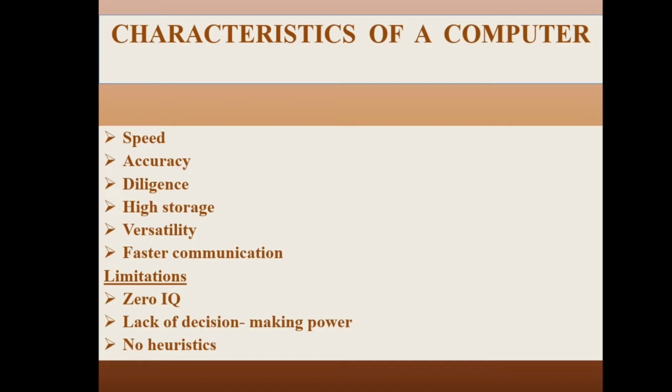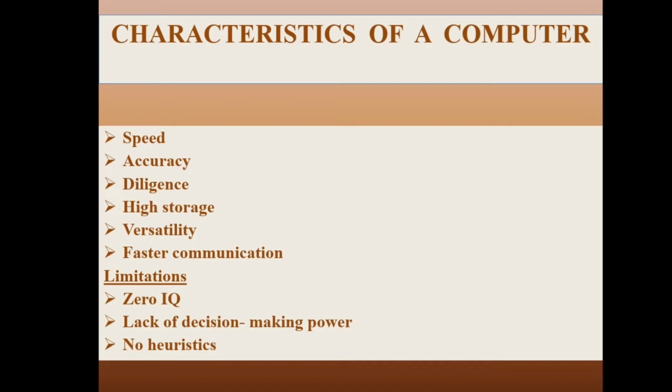However, a computer being an electronic machine also has some limitations, and they are as follows. Zero IQ. A computer does not have any IQ of its own, and IQ stands for intelligence quotient.